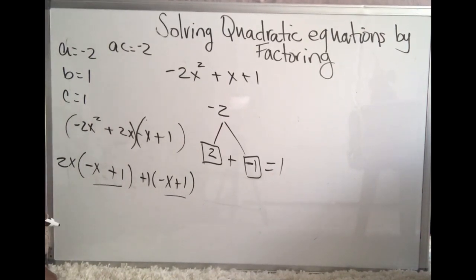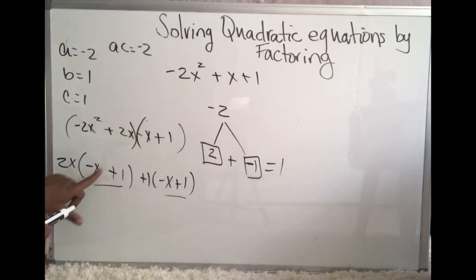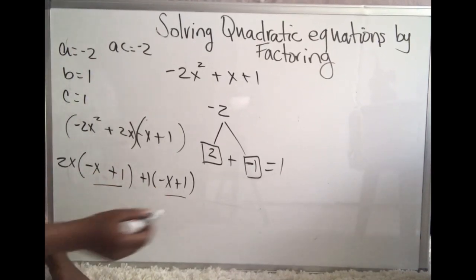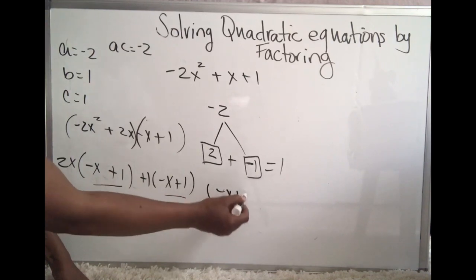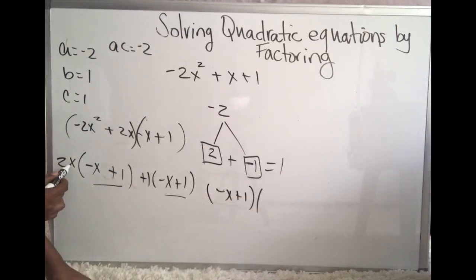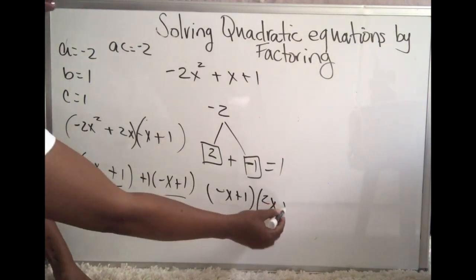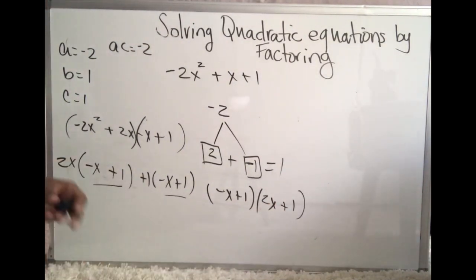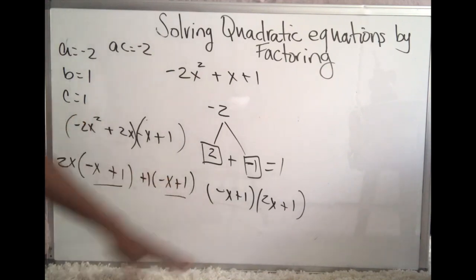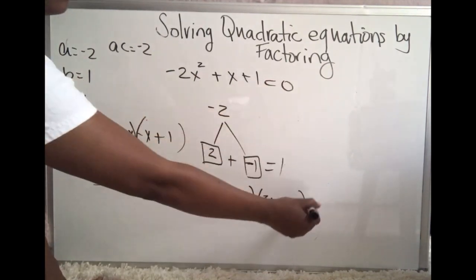So now that I have negative x plus 1, I am going to write that in parentheses. And then I have 2x plus 1, and I'm going to write that in parentheses. Alright, so far we have that, and this is all still equal to 0.